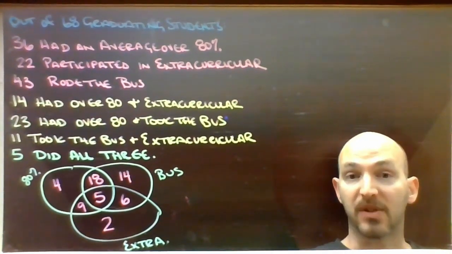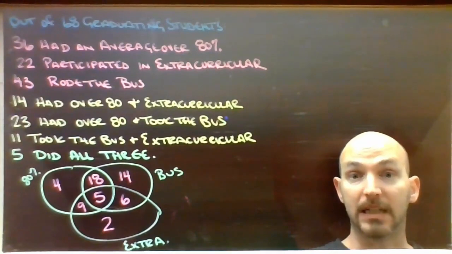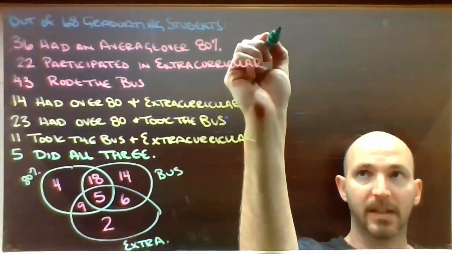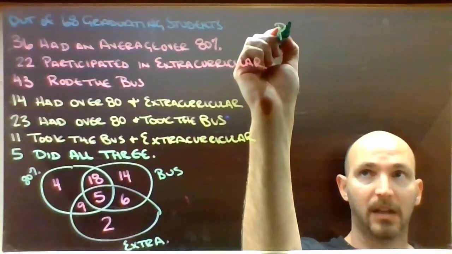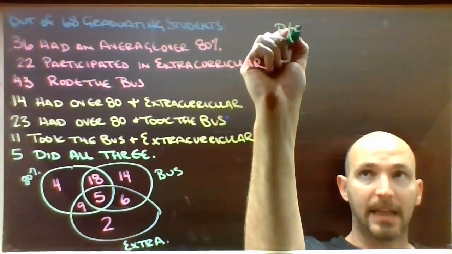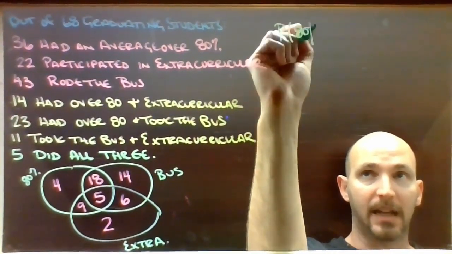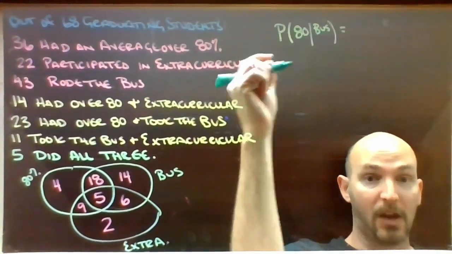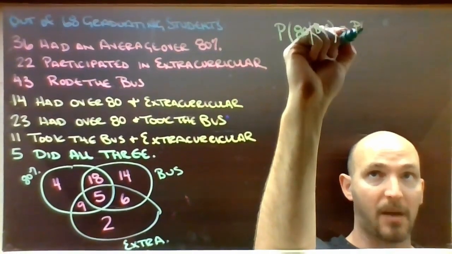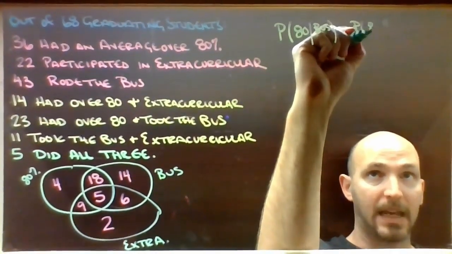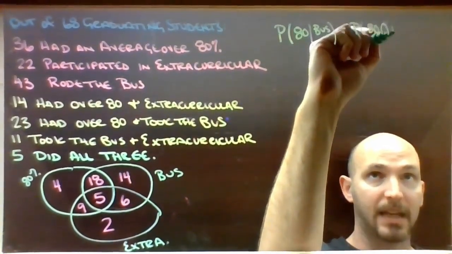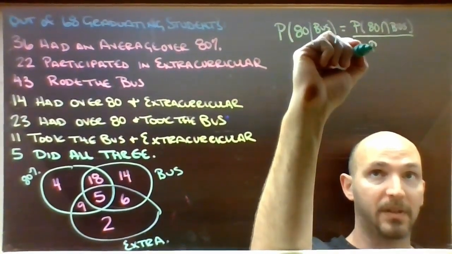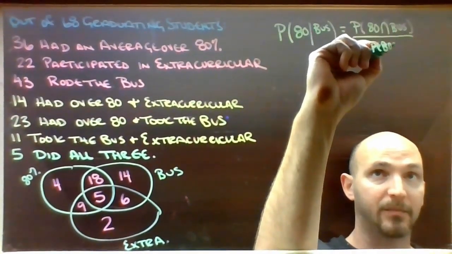Now, the way this is presented on Khan Academy is using conditional probabilities. So they would have asked, what is the probability of getting an 80 given that you took the bus? Now, to calculate that, you would have to do the probability of getting an 80 and taking the bus, and divide it by the probability of taking the bus.